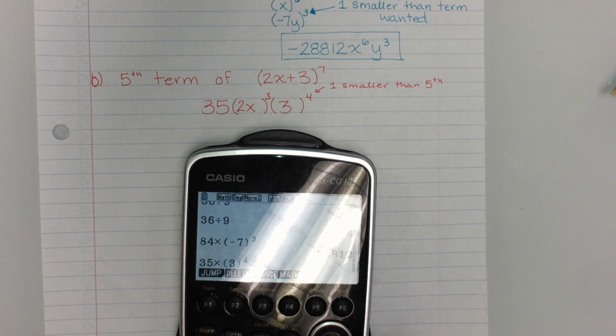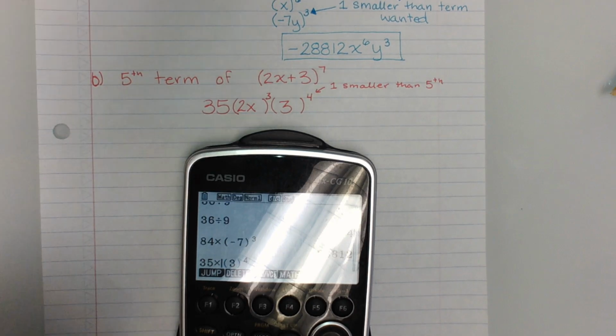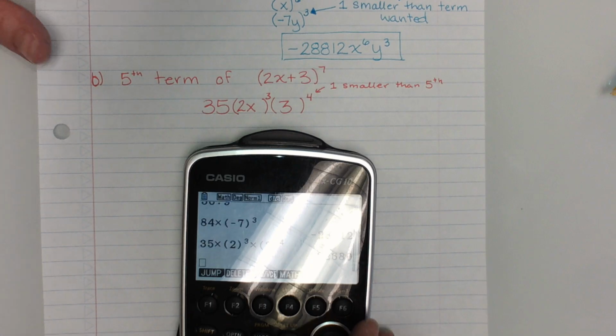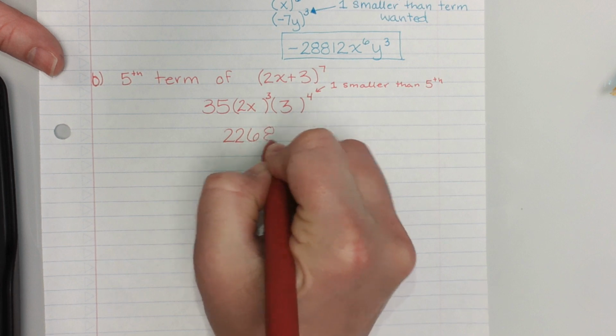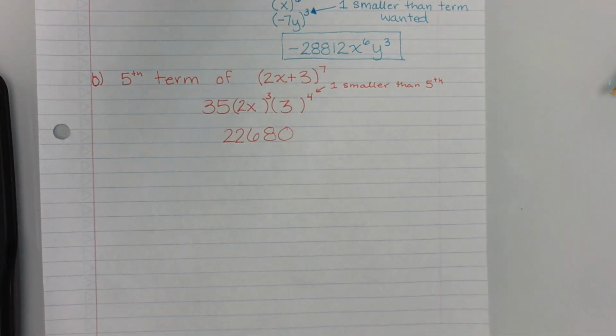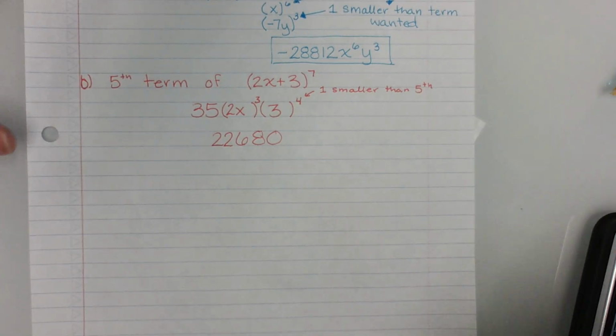I also need what other number? 2 to the power of 3. Why did you all of a sudden put all of that in the exponent? I did not ask you to do that, calculator. Make sure you're getting all of the numbers. 22,680. What am I not allowed to forget? The x to the power of 3.